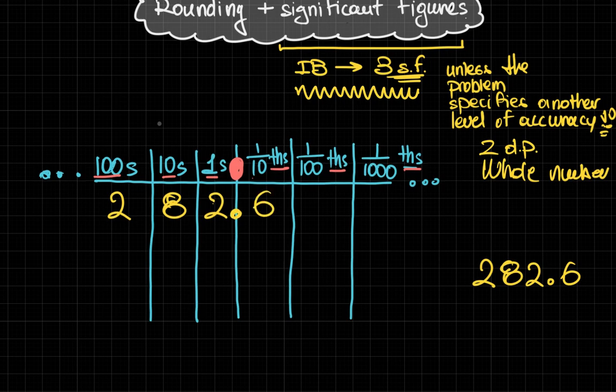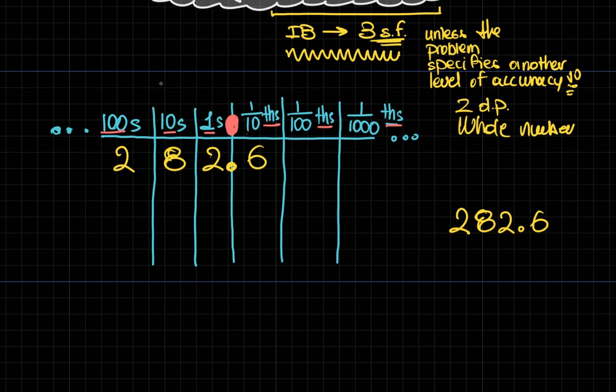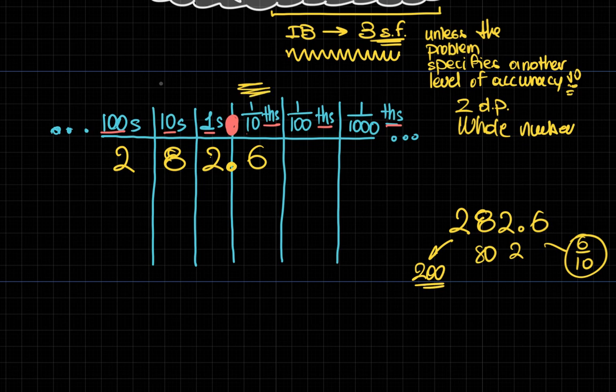So we have the number 282, and we can highlight the significance of each digit. That 2 stands for 200, or 2 times 100, then 8 stands for 80, and then 2 for 2, and this one stands for 6 over 10, hence the tenths up here.